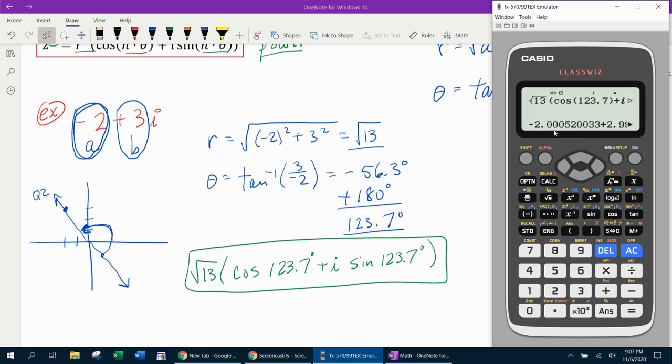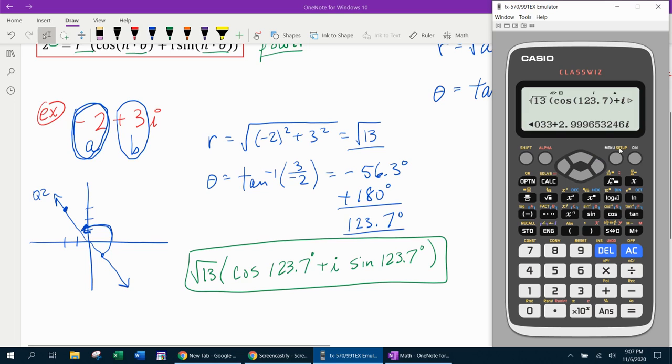Now, look what it gives me. It gives me negative 2.000. That rounds to negative 2. For the real part, that is my A value. And if I scroll over, you're going to see 2.999, which rounds to 3. And that is my complex part.